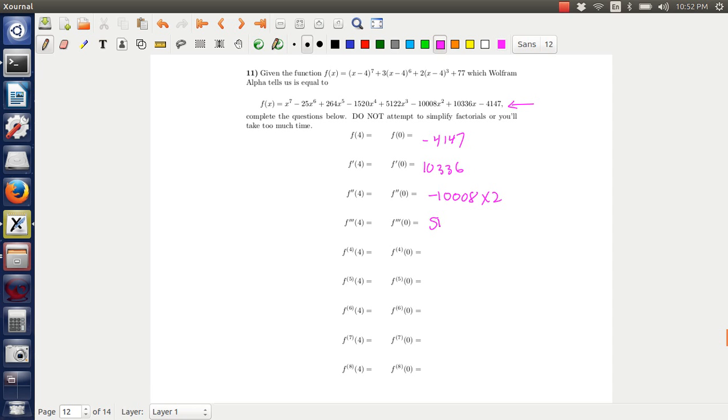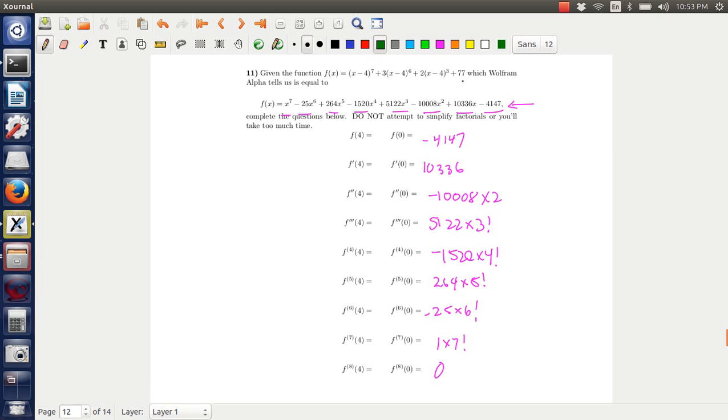And then we have 5122 times 3 factorial, and minus 1520 times 4 factorial, 264 times 5 factorial, minus 25 times 6 factorial, and 1 times 7 factorial, and then they're gone. Okay? And we just got these from looking at these coefficients, these purple ones.